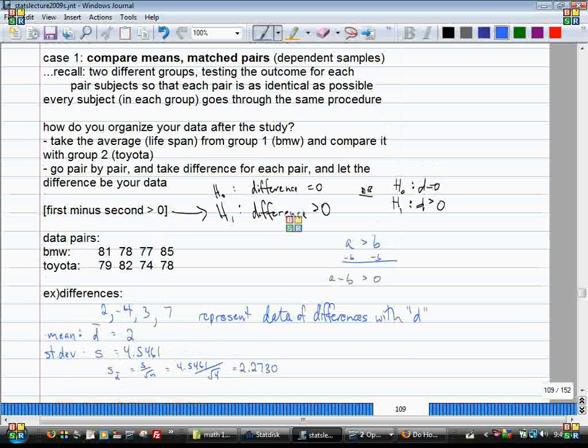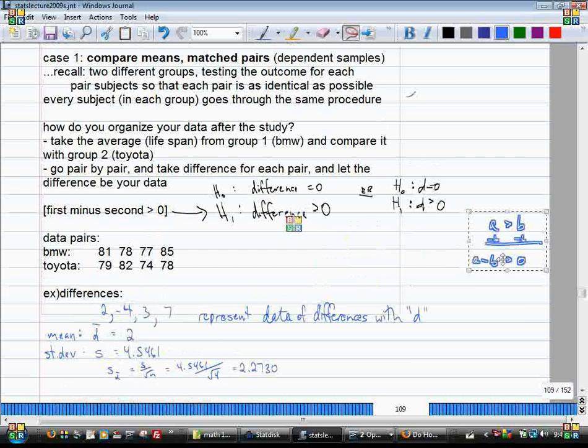Okay, and now what do we need? Good. So let's draw it.